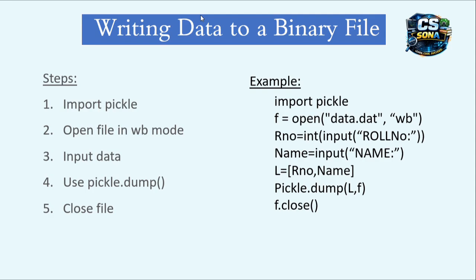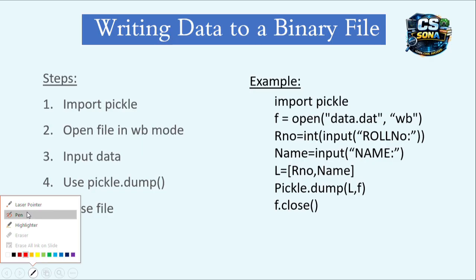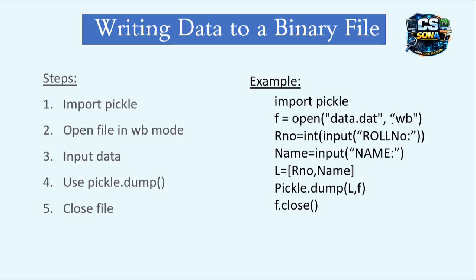So you see the example now. The first line is import pickle. Then the second line is f = open("data.dat", "wb"). Data.dat is the name of the file. wb is the mode in which I am opening the file for writing. Then rno is a roll number I am taking from the user as input, and then I am taking the name of a student also from the user.